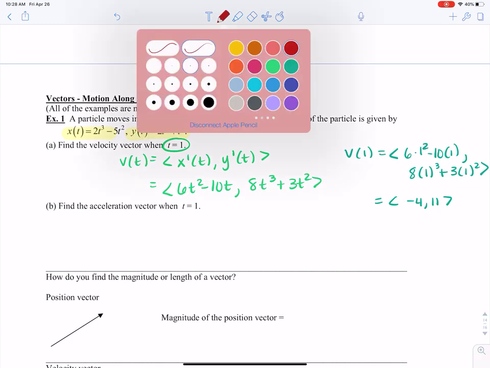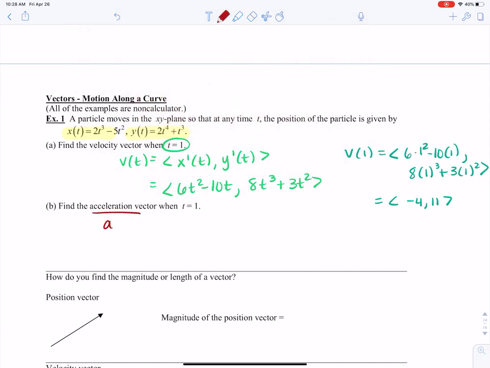It then asks me to find the acceleration vector. So a of t is now going to be represented in vector format. Remember that that is x double prime of t and y double prime of t. If I take the derivative again, I get 12t minus 10 and 24t squared plus 6t.